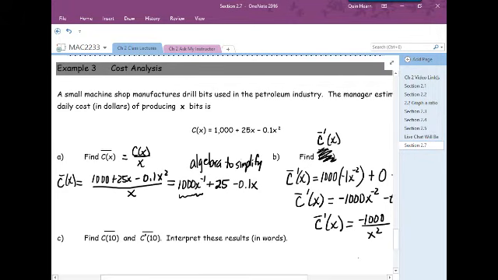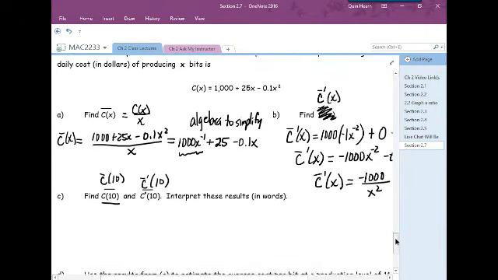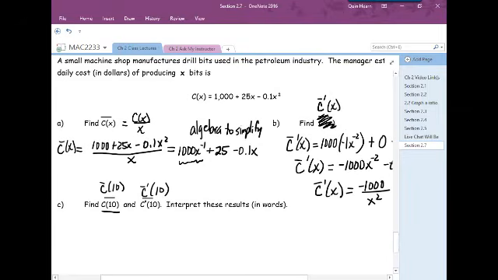Next part, we want to find the average cost of producing 10 units, C bar of 10, and the marginal average cost at 10 units, and interpret the results. All right, so let's find C bar of 10.